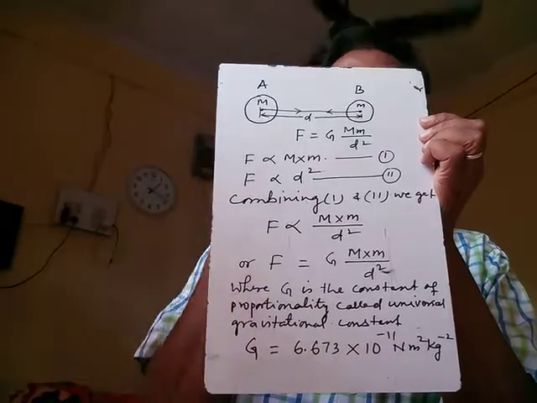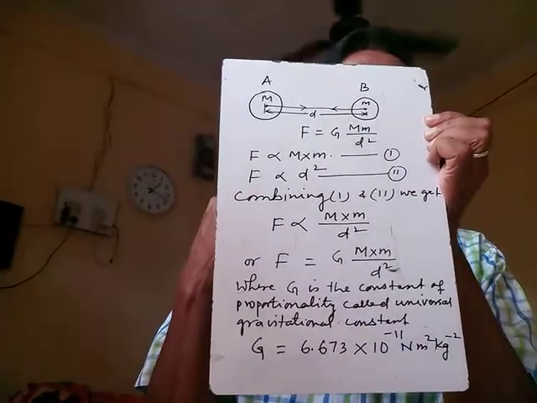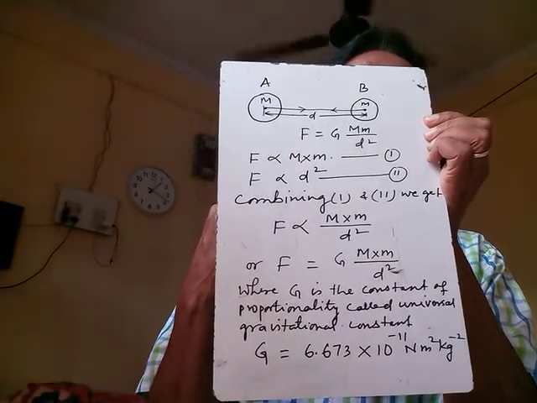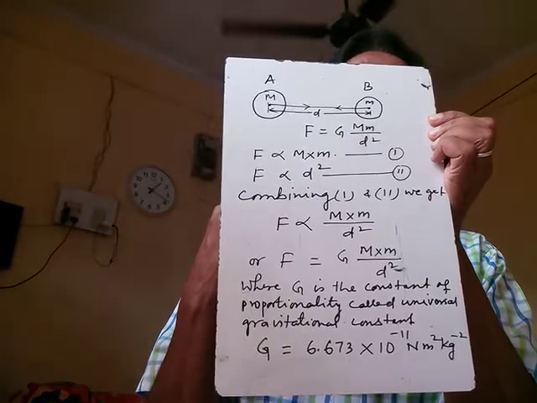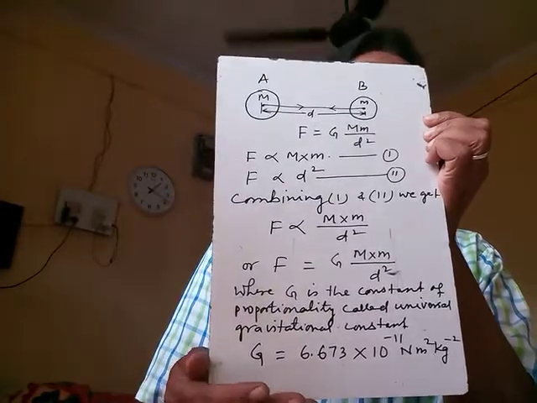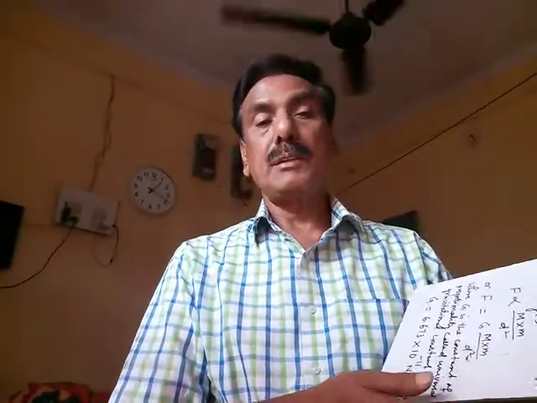The value of G is 6.673 into 10 to the power minus 11 Newton meter square per kg square. Look, it is capital G, and this is known as the universal gravitational constant.